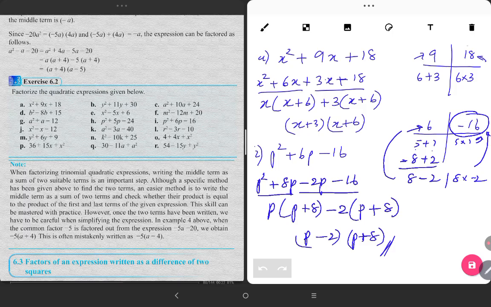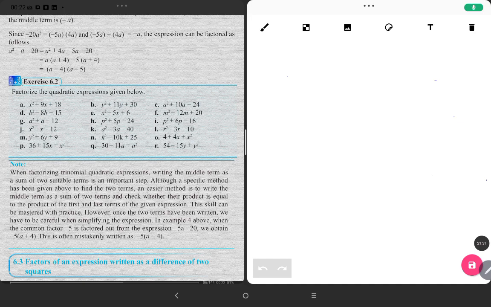So let's do maybe n quickly. Okay, n is k square minus 10k plus 25. So again, how do we write minus 10 and 25?